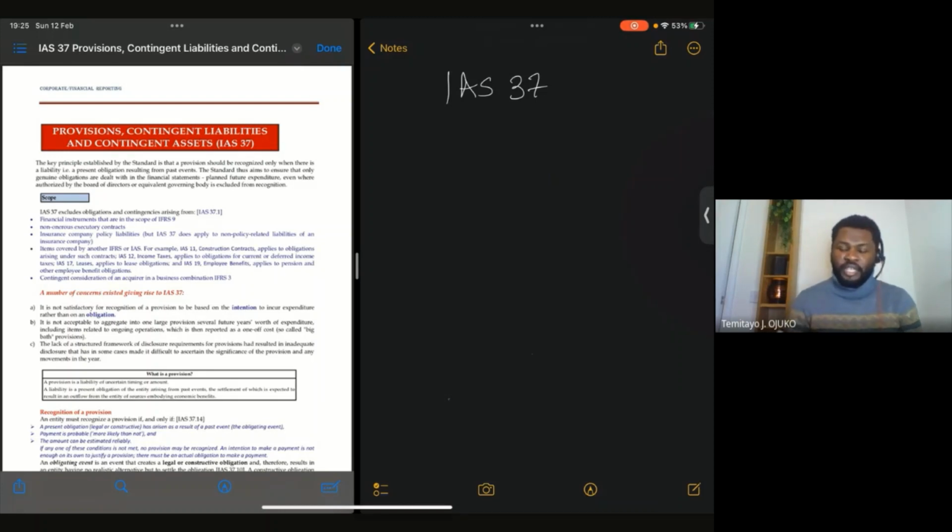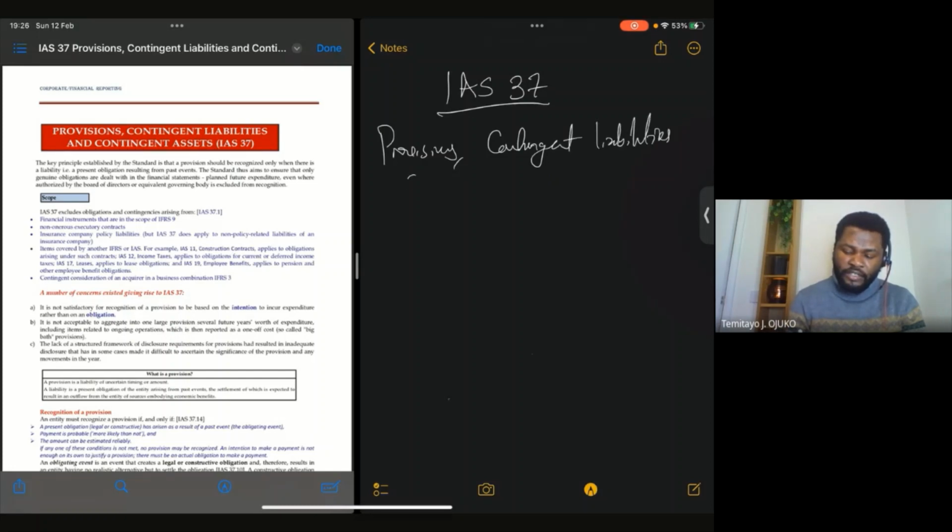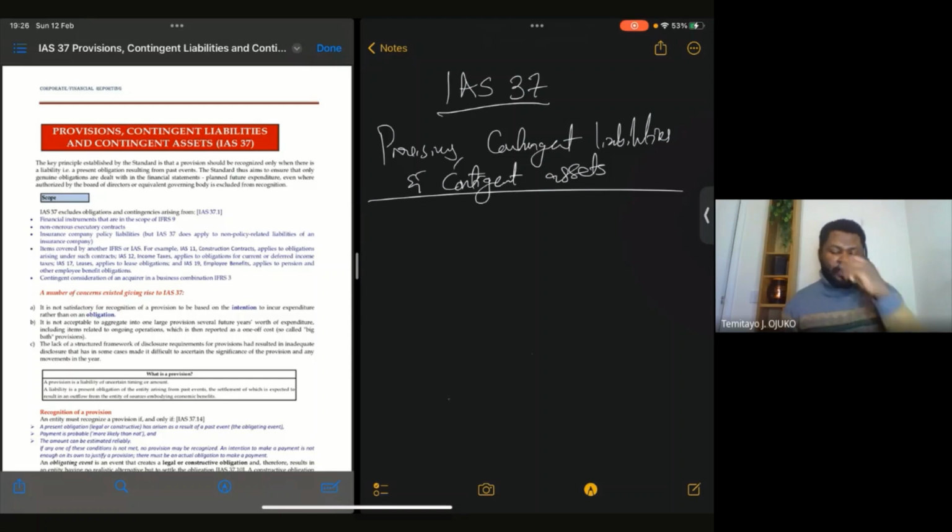Okay, so as I was saying, I'll be looking at IS 37. IS 37 is provisions, contingent liabilities, and contingent assets. So this is the standard we'll be looking at today.